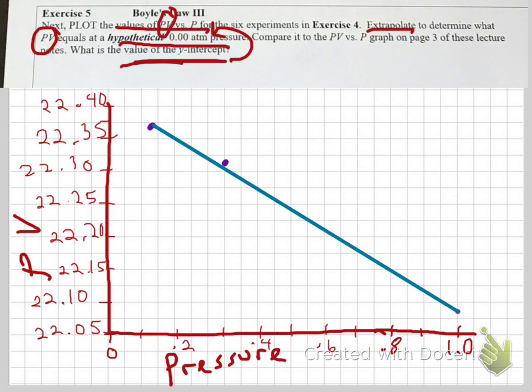And now if I extrapolate it to 0 pressure, so I'm going to my y-intercept, extrapolate that, and it would hit right around 22.4. So go ahead and compare that to the graph on page 3.